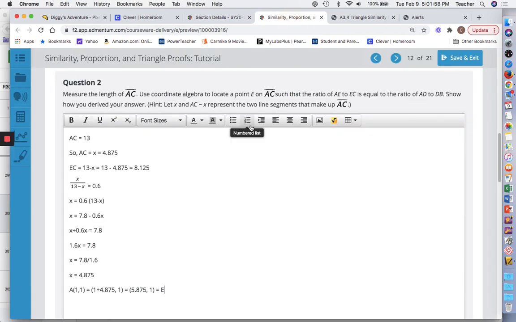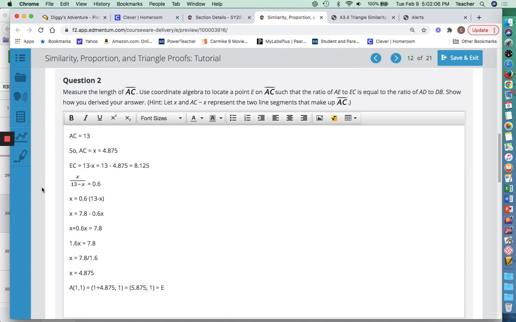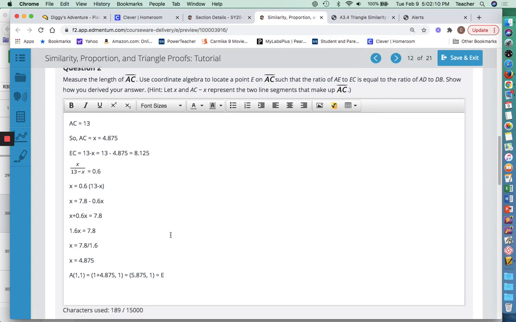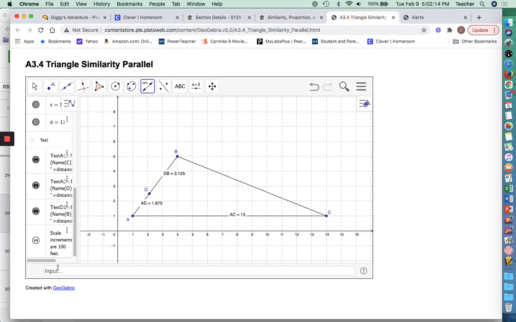Now, do I have to draw it? Show that you dropped your answer. Use coordinate algebra, locate point E. All right, so I need an E at 5.875, 1. Now, the easiest way to do that is to use my input. So come down here, open a parenthesis, put in 5.875, comma 1, close my parenthesis.